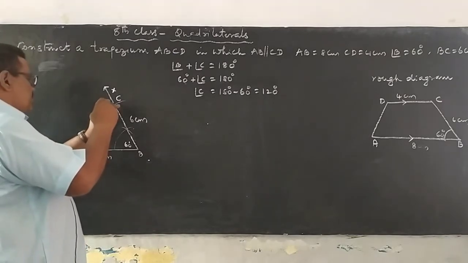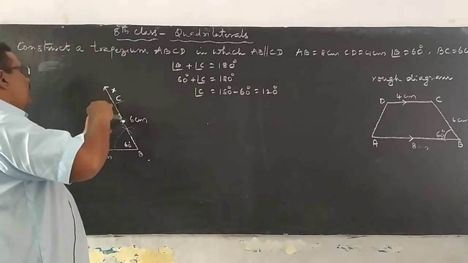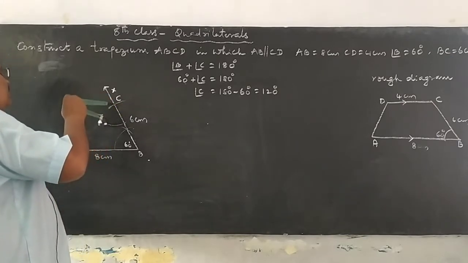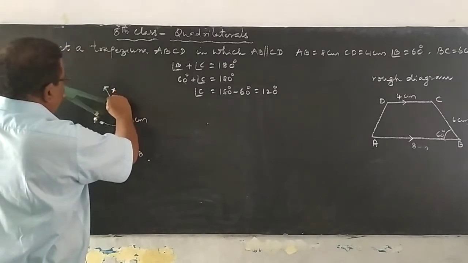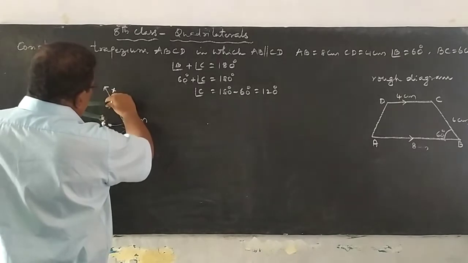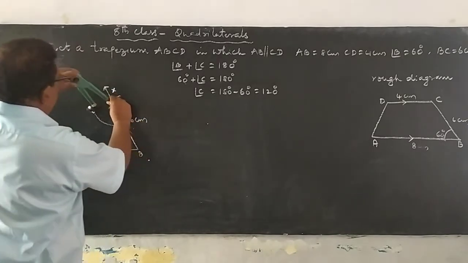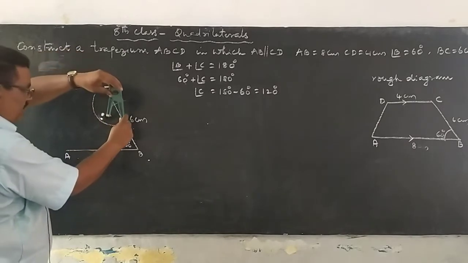From C onwards with some convenient radius, take C as center, draw an arc like this, and with the same radius from here onwards.